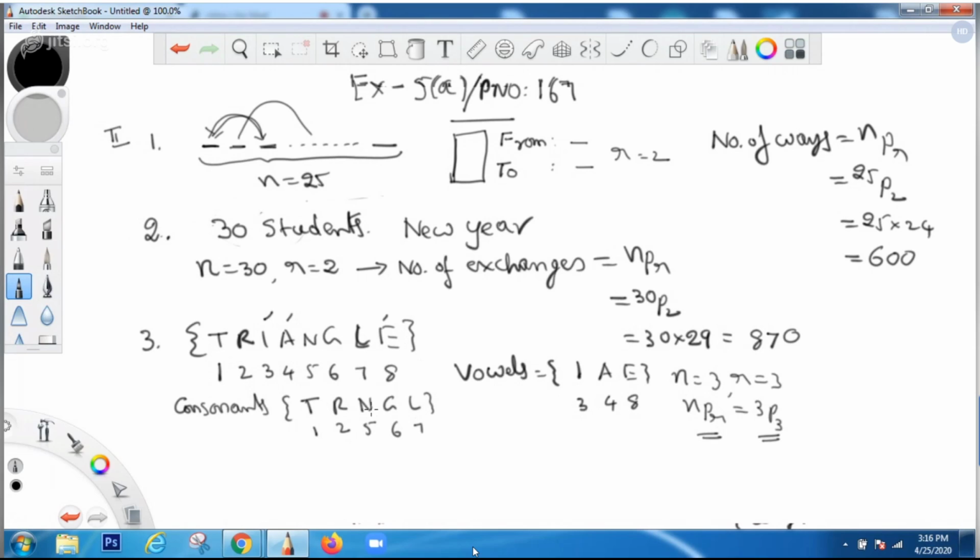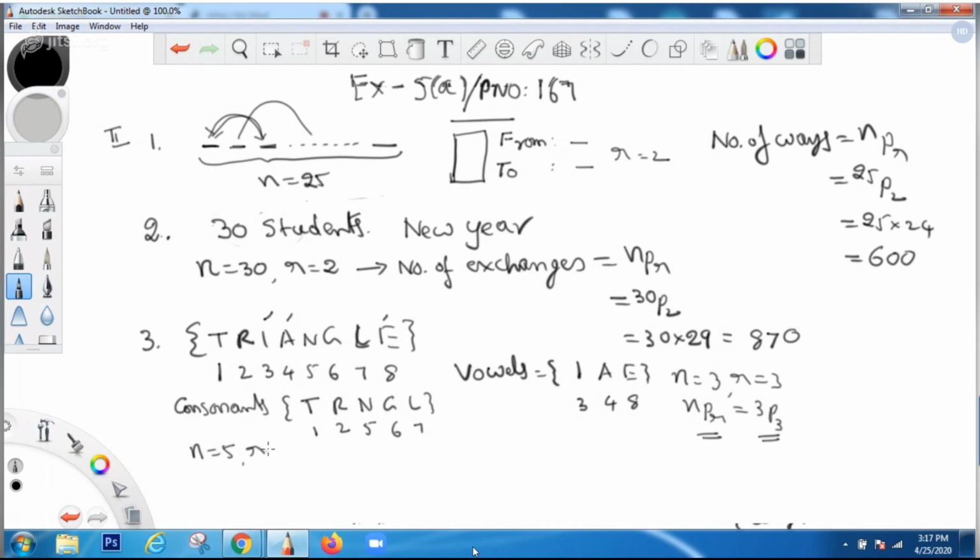So how many letters are there? Five. How many places are there? Five. How many ways can we arrange these consonants? Here N is equal to how much?